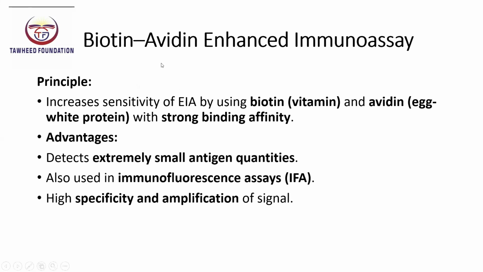Next is biotin avidin enhanced immunoassay. So the principle behind this, it enhances EIA sensitivity using biotin and avidin, which bind strongly. Steps involved: secondary antibody labeled with biotin, wells incubated with enzyme labeled avidin, which binds biotin tightly, and substrate is added, which enhances color reaction.